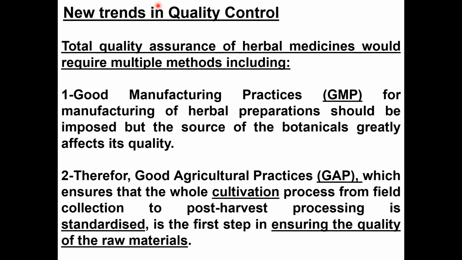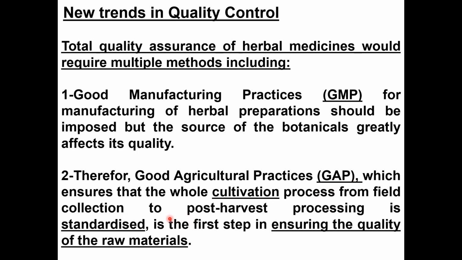But in the case of herbal drugs, this is not enough because the plant material is a living source. It should be subjected also to good agricultural practice or GAP.